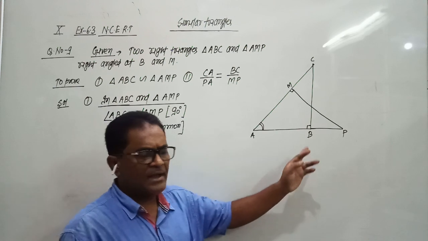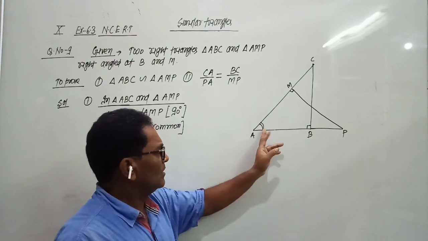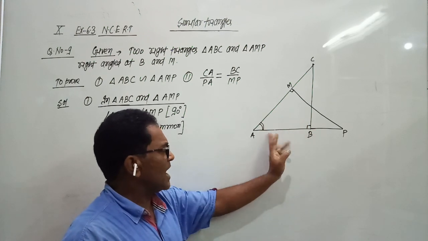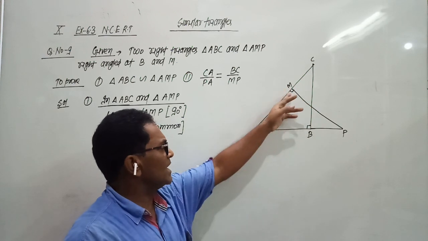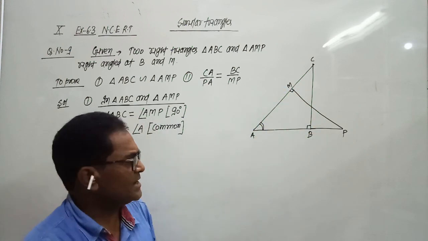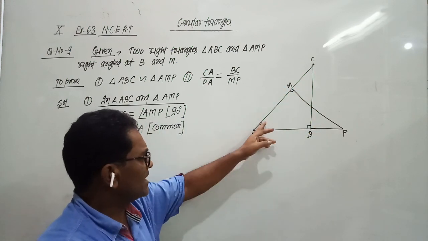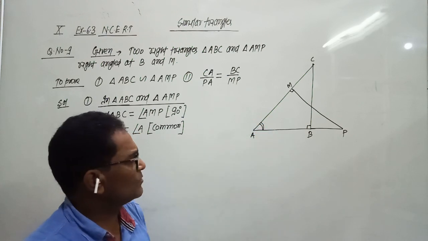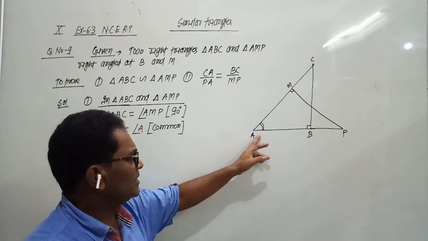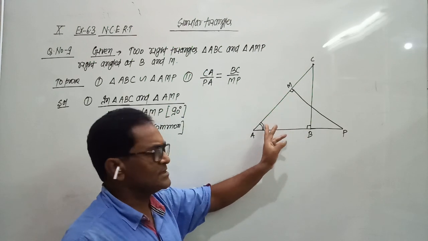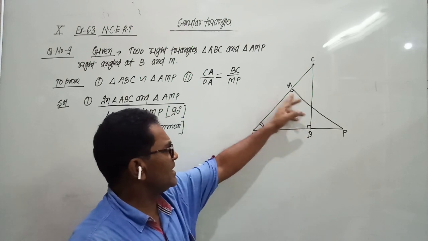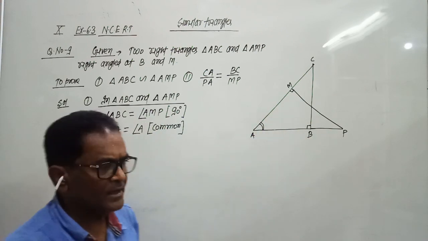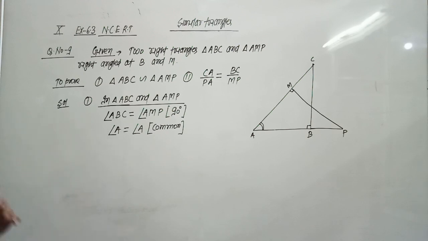So in both the triangles two angles are equal: angle ABC equals angle AMP, which is 90 degrees, and angle A is common. So these two triangles are similar.